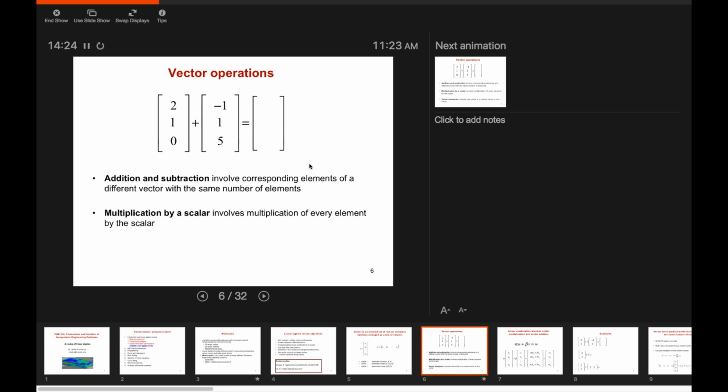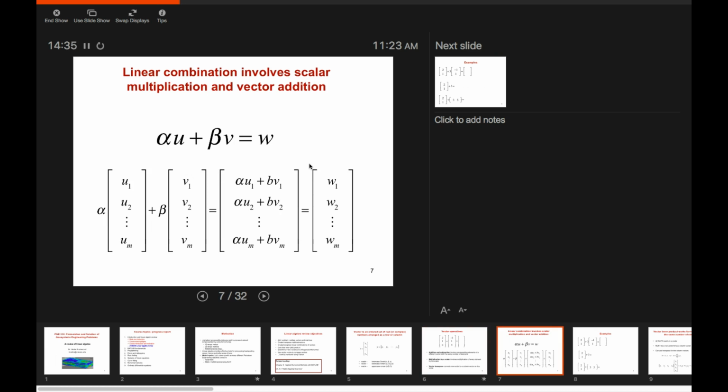And multiplication by a scalar, how would I do that? So if I now actually want a scalar, number 2, and I wanted to multiply this first vector with it, and so this is my generalization, if I had alpha times a vector plus beta times another vector, then what I'm going to do is multiply every location with this scalar.